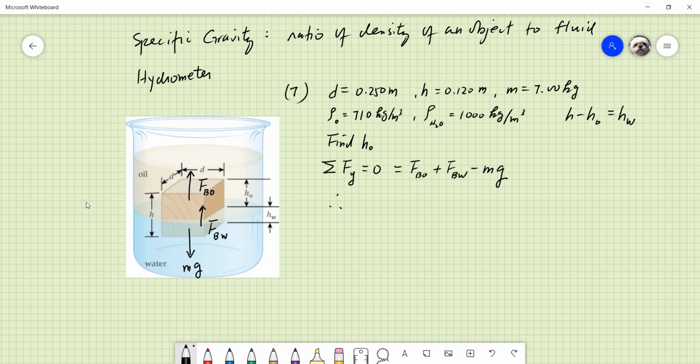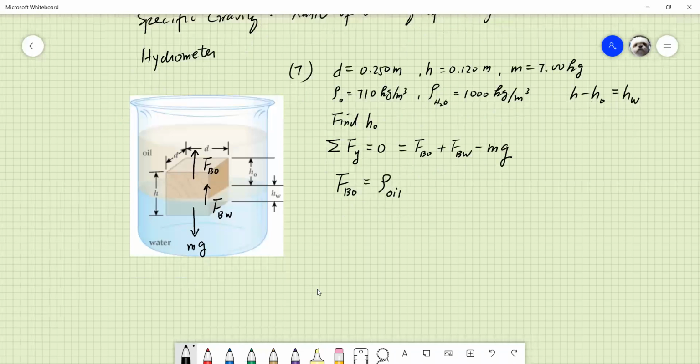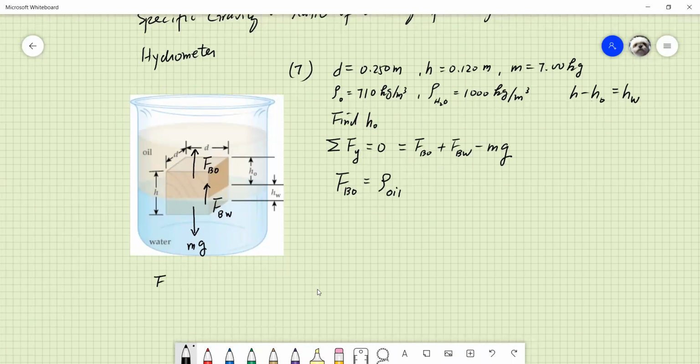So I'm going to leave it like that. The question is, what is FBO? Remember, the buoyancy force is the density of the liquid, here the density of the oil, times the volume of the object. I'm just trying to remind you: the buoyancy force, you can write the density of liquid times volume of liquid times G, or the density of liquid times the volume of the object submerged times G. Either way.